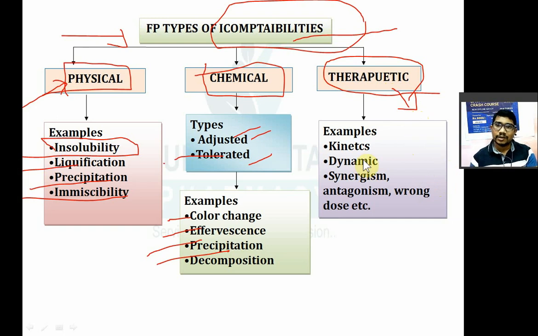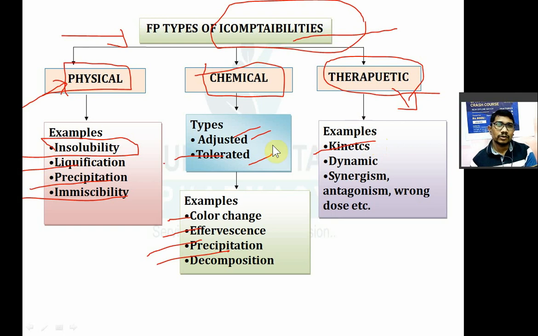So kinetic interaction, for example in the kinetic you have absorption interaction, then distribution interaction, metabolism interaction, and elimination interaction. Okay? So likewise, for example, if you take antacids along with the tetracycline capsule, what will happen?